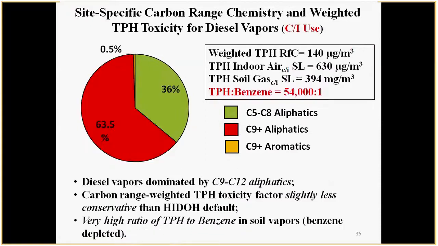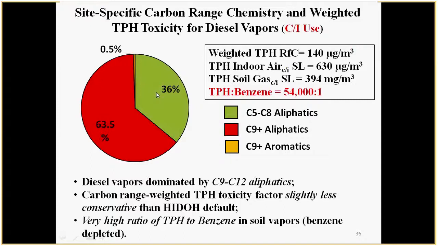Here's the diesel vapors for the site. And in this case, again, this is real data actually from across the street from this actual site. The diesel vapors are dominated by these more toxic C9 to C12 aliphatics, not as much as we assumed in the default, but it didn't really make that big of a difference. There's still a lot of C5 to C8 aliphatic compounds at the site because they're more volatile.